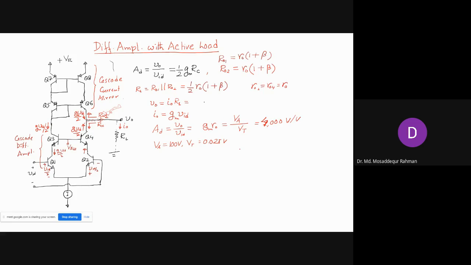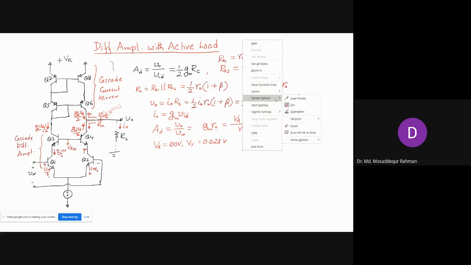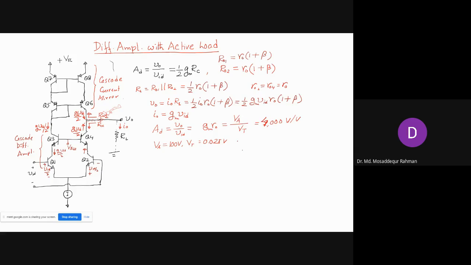So the output voltage is I0 RL. So we have half I0 R0 times 1 plus beta. I0 is gm vid, so we have half gm vid times R0 times 1 plus beta. So that will be your voltage gain, V0 by vid.